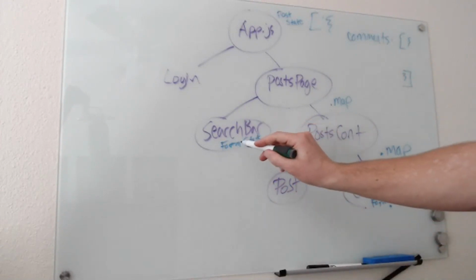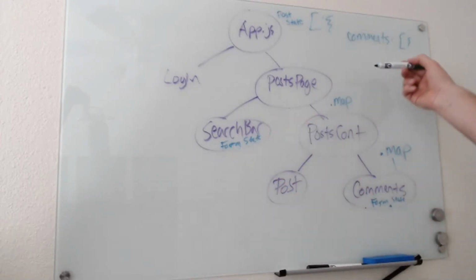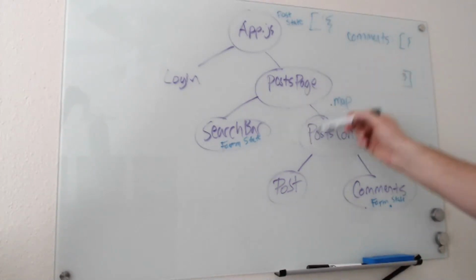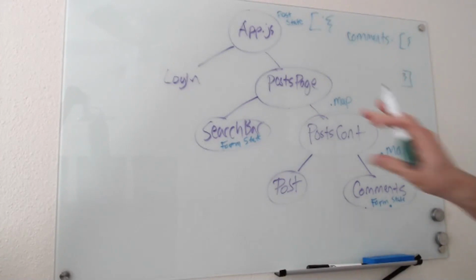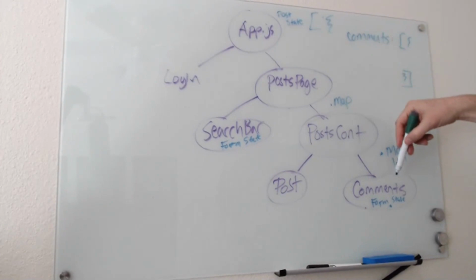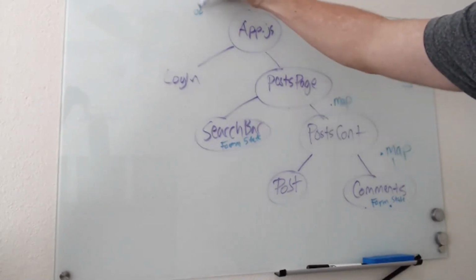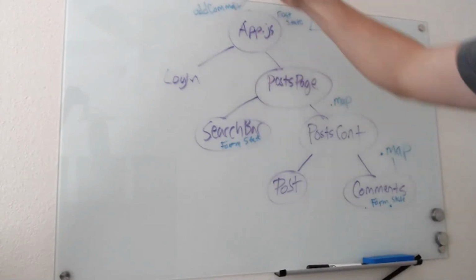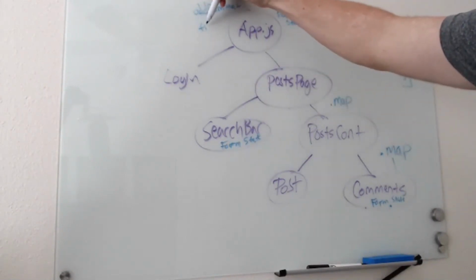And whatever I type in here is going to determine what is rendered out of this map. So already by looking at this, I can say I need an app.js. I'm going to need an add comment function. I'm going to need a filter comments or filter posts function.